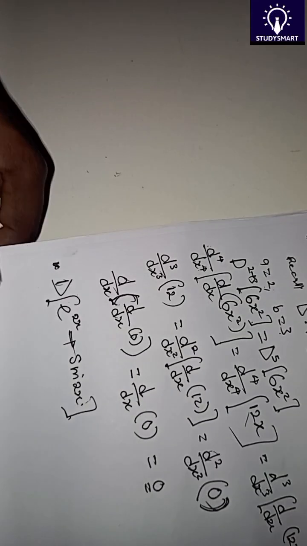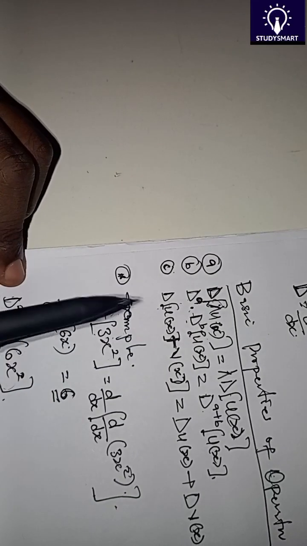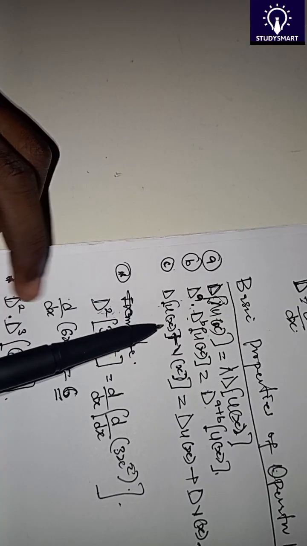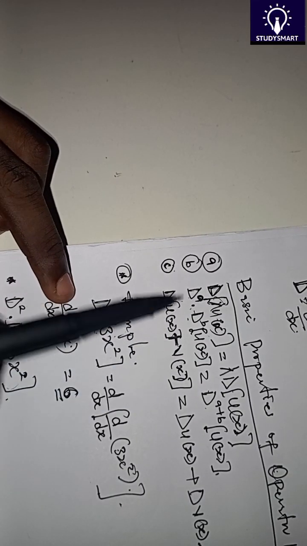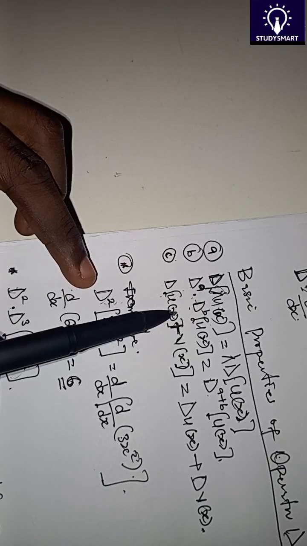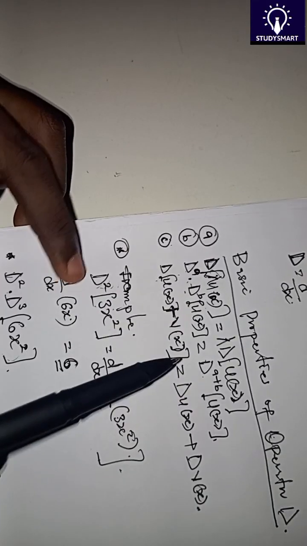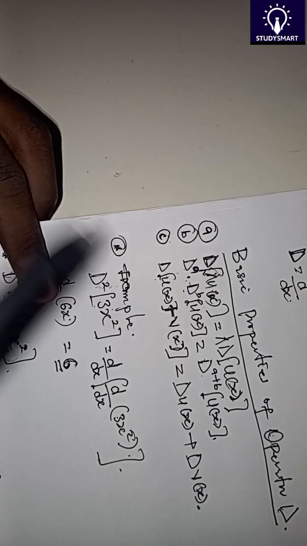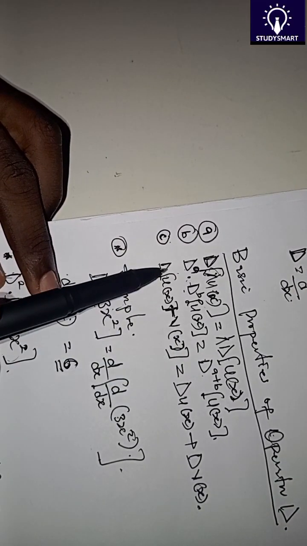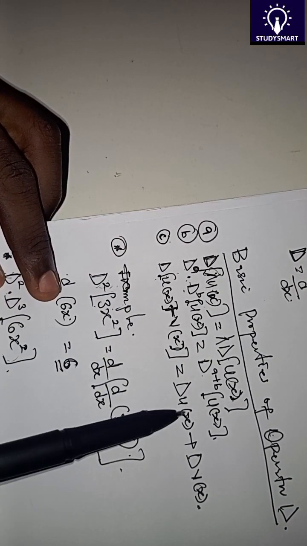So now looking at the third rule I gave, the third property rather that I gave, I told you that if d is a function of u of x plus v of x, it implies that I'm going to distribute d to each of the functions, right? So it means that I'm going to distribute d to this. It's just like opening bracket. I will use the d to open up the bracket to obtain this, right?